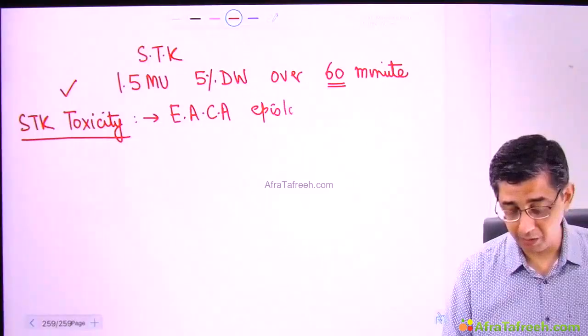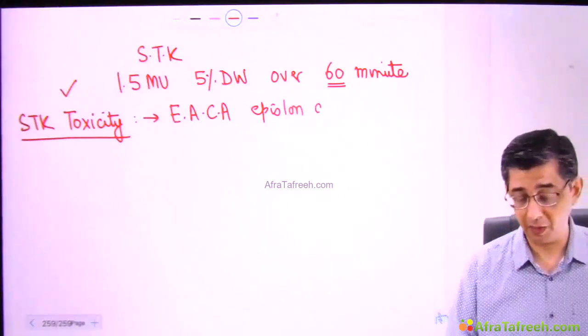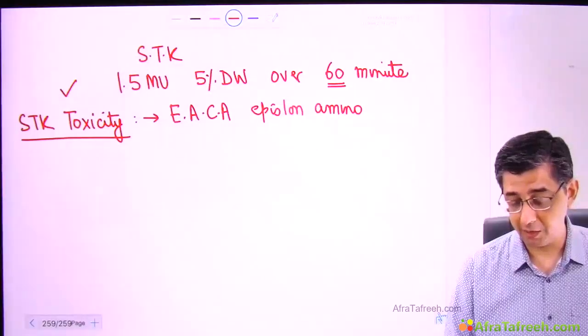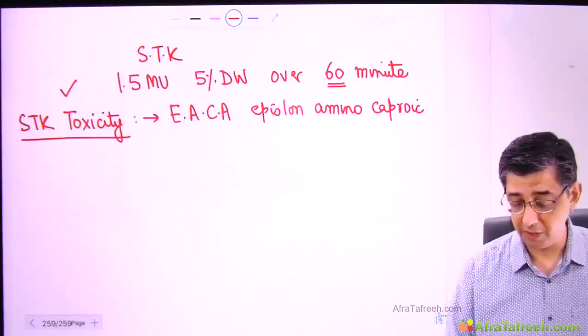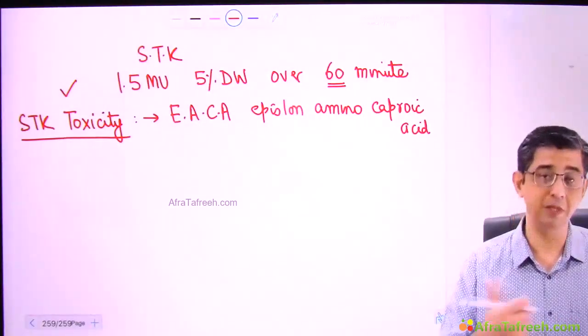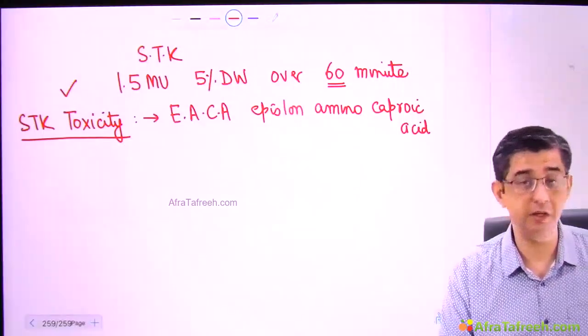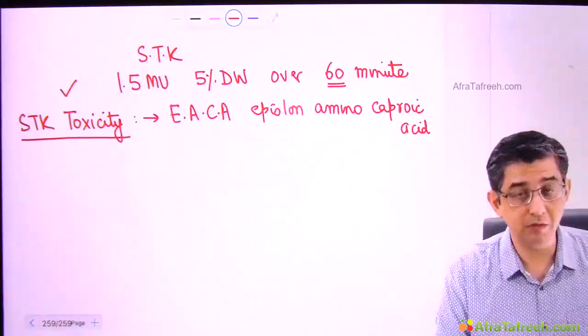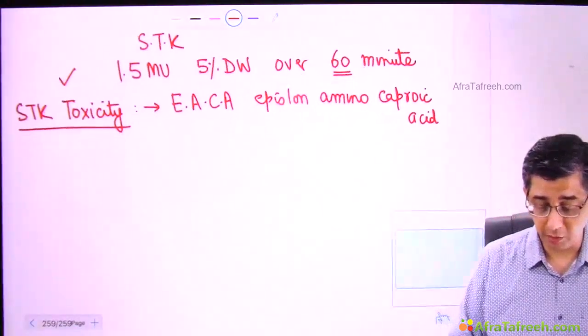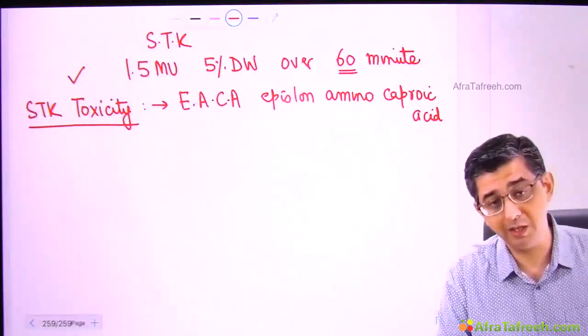I want you to remember that if he says a person is having warfarin toxicity and there is a CNS bleed occurring, then for CNS bleed we can use either PCC, that is prothrombin complex concentrates, or fresh frozen plasma. For heparin you are very much familiar with protamine sulfate, but yes, I definitely want you to be comfortable with streptokinase toxicity as well.